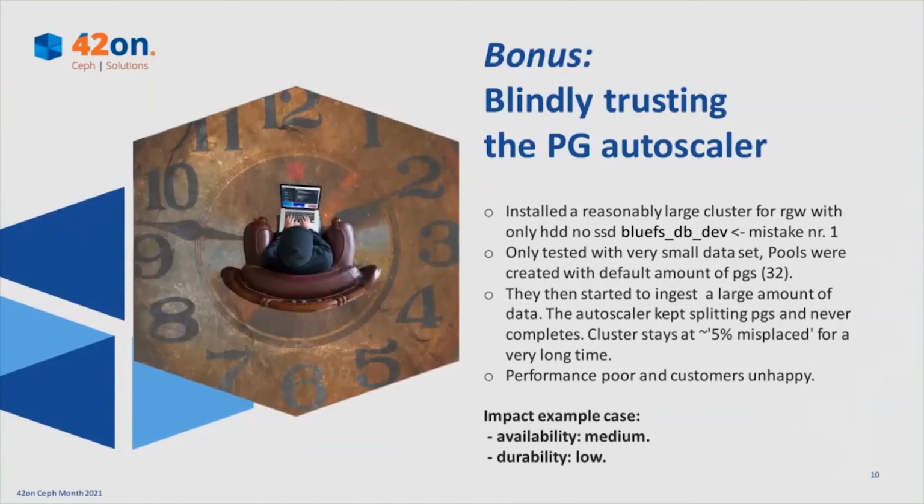And then it says you need some more placement groups. And this was a cluster that was almost a petabyte. So it was having misplaced data for a long time, especially because they made the mistake of not having any SSDs in the cluster at all.